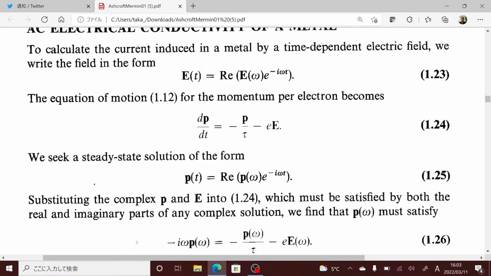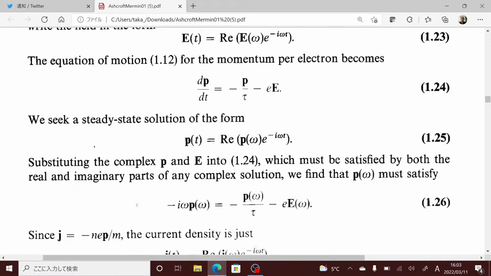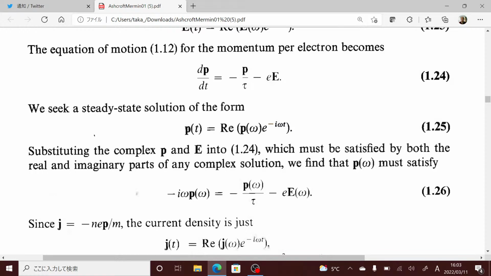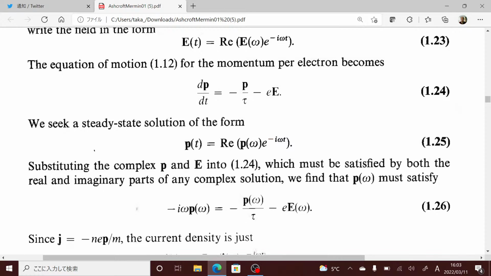The equation of motion 1.12 for the momentum per electron becomes dp/dt equals minus p over tau minus e E. We seek a steady state solution of the form p of t is the real part of p of omega times exponential of minus i omega t.